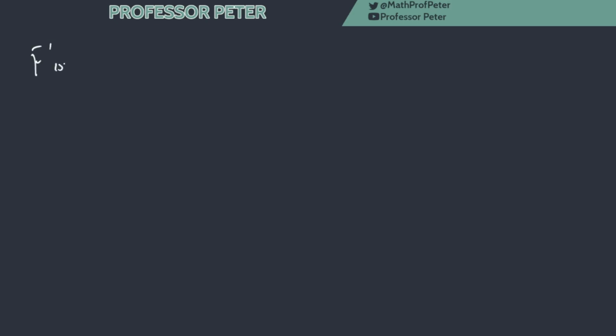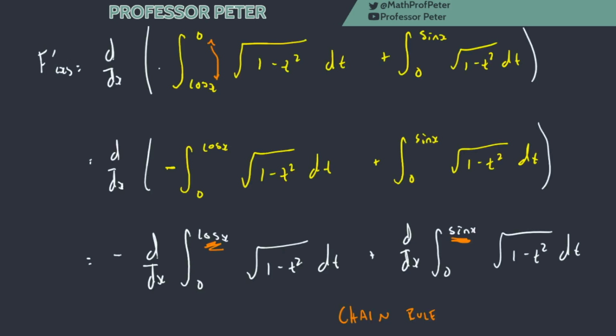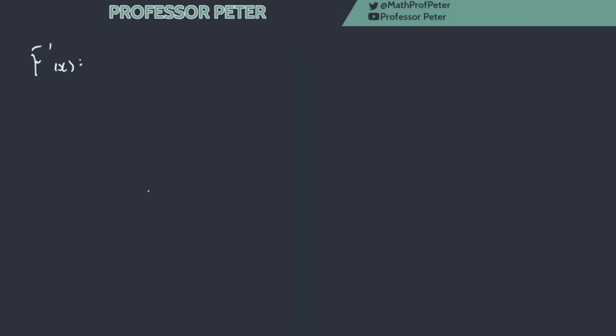Capital F prime of x is going to be the derivative of this first integral, which the derivative rule says is the height of that g function, that square root function, at the endpoint, cosine of x. But now, since we're using the chain rule, we're going to have to multiply by the derivative of cosine of x as well. So this is negative square root of 1 minus cosine x squared, that's our 1 minus t squared evaluated at cosine x, times the derivative of cosine of x, which is negative sine of x.